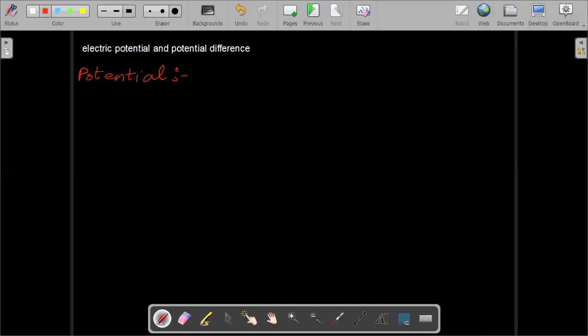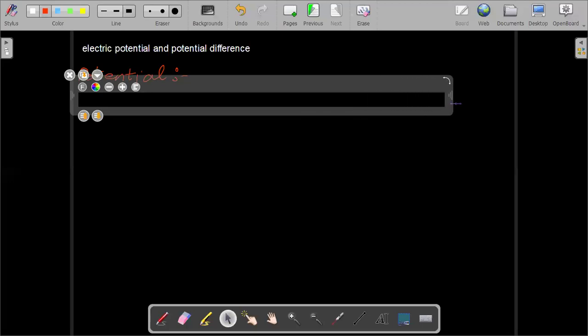Yes, sir. What is potential energy? Potential energy is like the amount of energy present in an object. Yes, yes. Siddharth, are you able to respond?